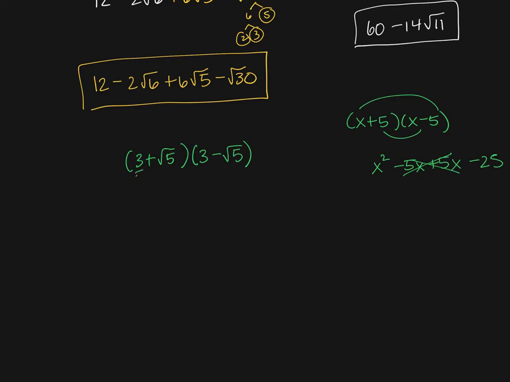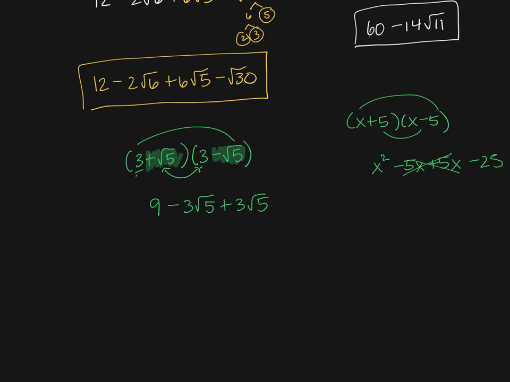So 3 times 3 is 9. 3 times a negative root 5 is going to be minus 3 root 5. Now we've got 3 times a positive root 5, that's plus 3 root 5. And finally, you have plus root 5 and a minus root 5.